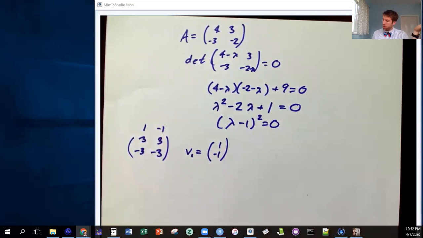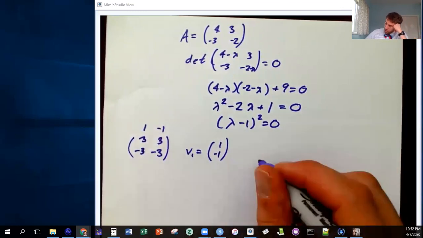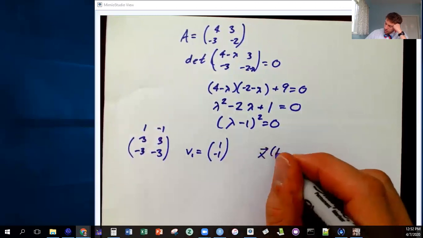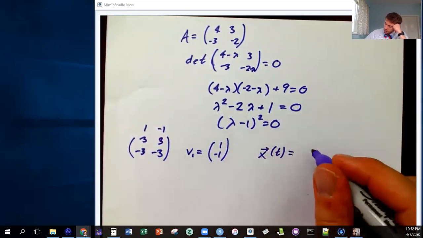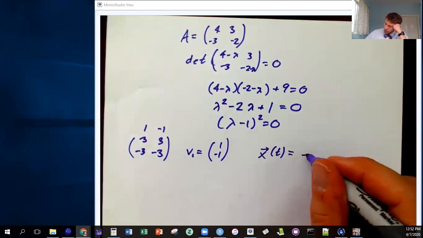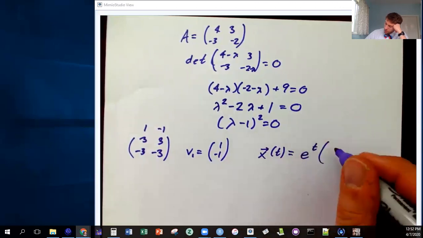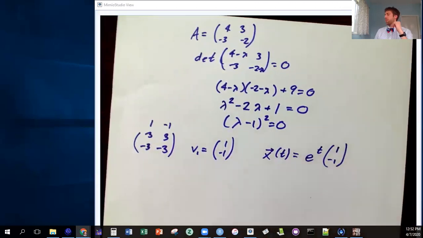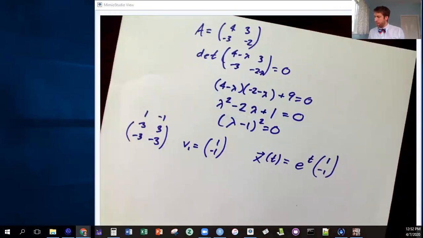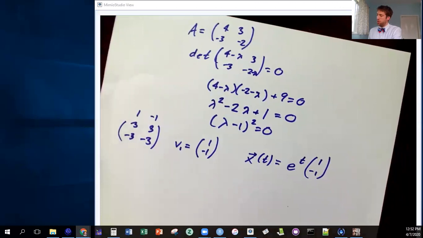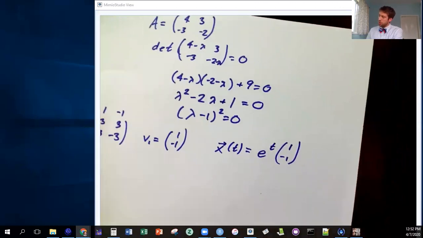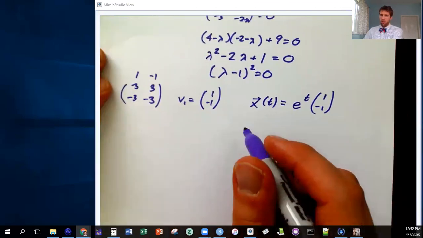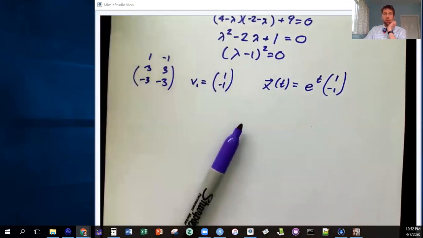Okay, so the straight line solution is x of t equals e to the t times 1, -1. So that means that if I try to plot this, I'll just switch to Desmos.